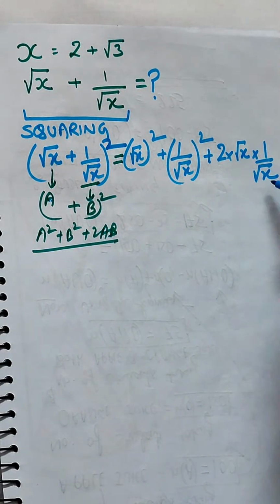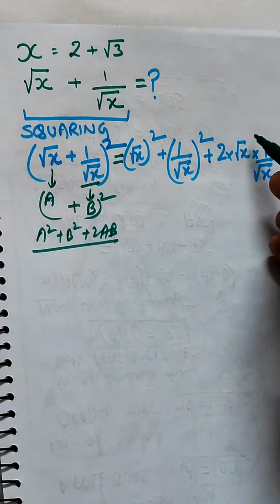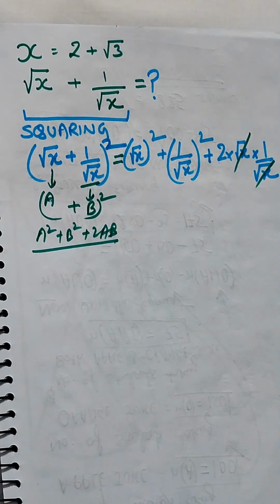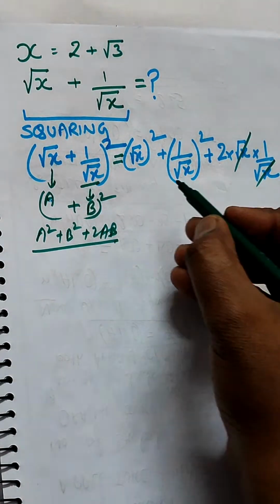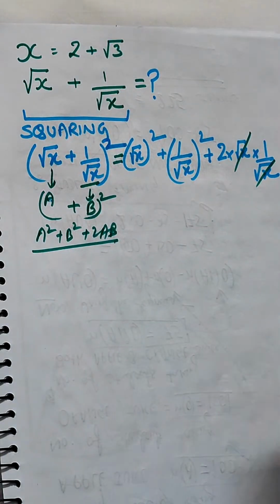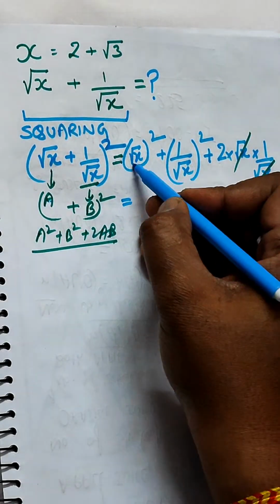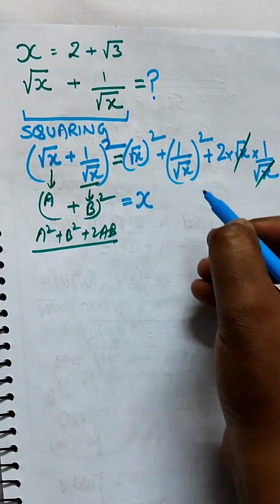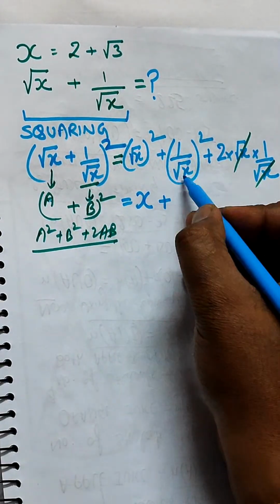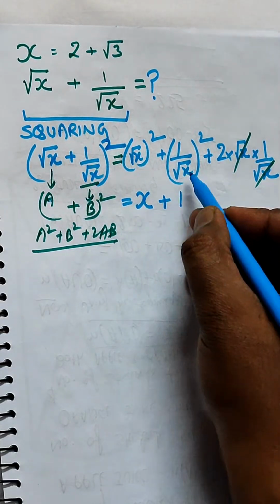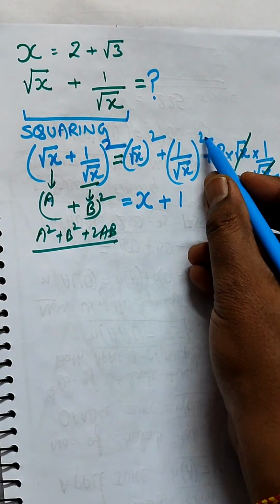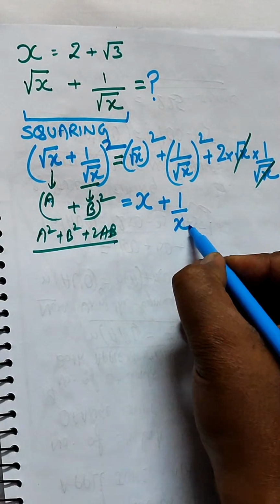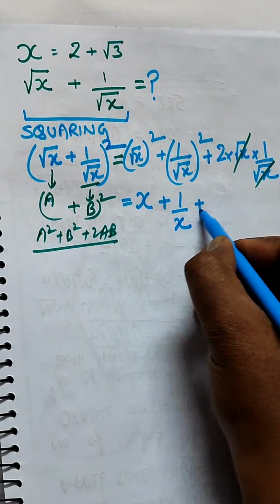Here root x and root x will be cancelled out. Now we are left with root x whole square, which is x, plus 1 by root x whole square, that is 1 by x, plus 2.